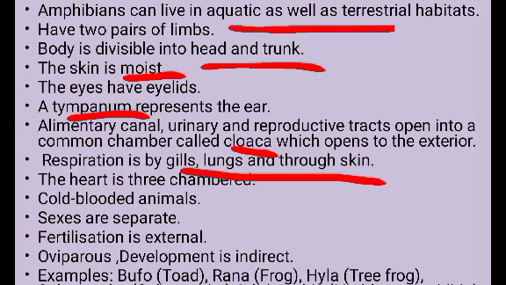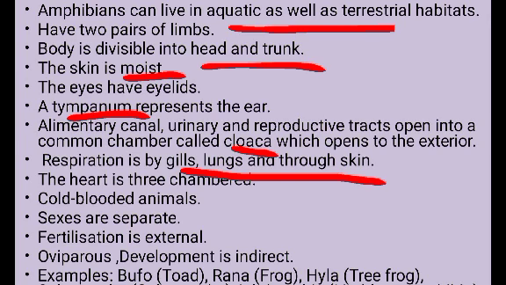Through the moist skin the air can diffuse. The moist skin is richly supplied with blood vessels, so the oxygen can diffuse in and combine with the blood, and thus it can be transported. So we can say they have gills, lungs and skin as their respiratory organs.